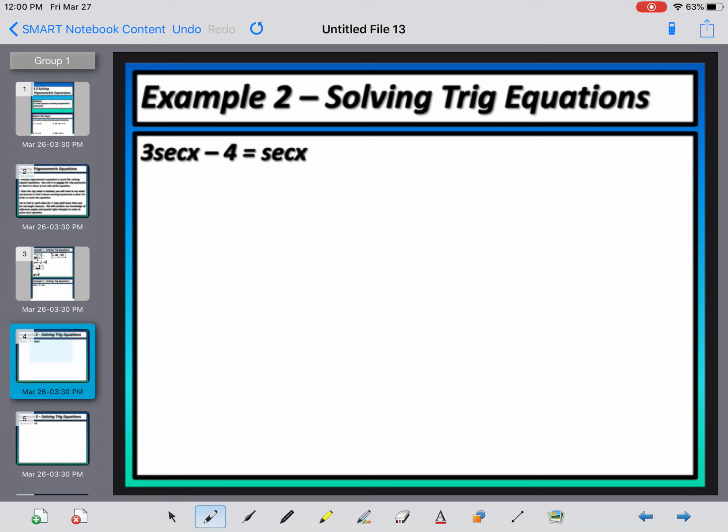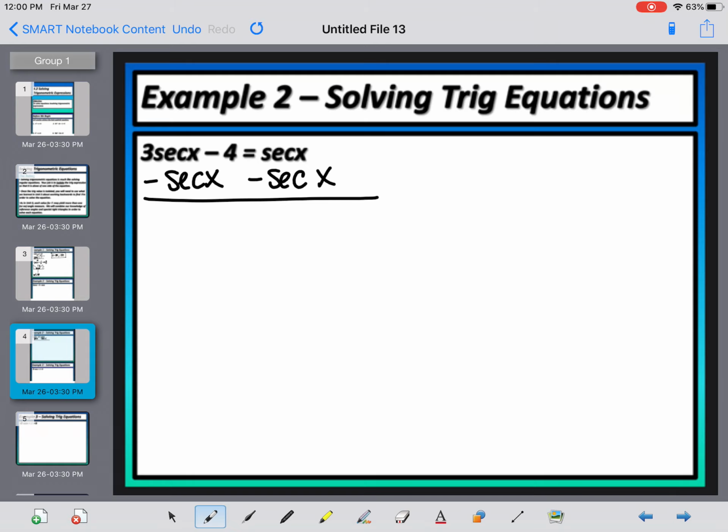All right, so if I have secant and I've got it on two sides of the equation, we need to get them together in order to solve. So a 3 secant minus a secant is a 2 secant.